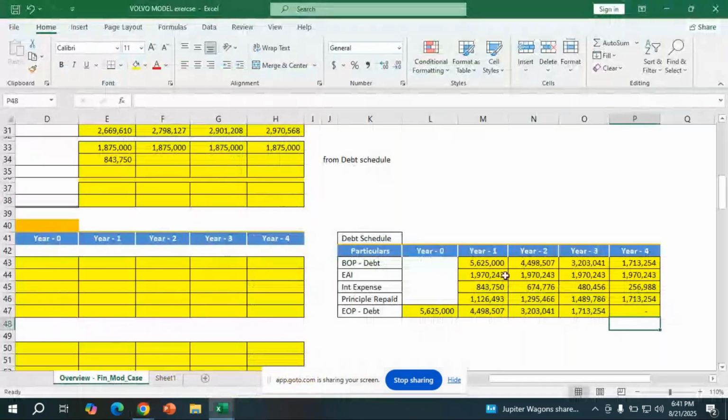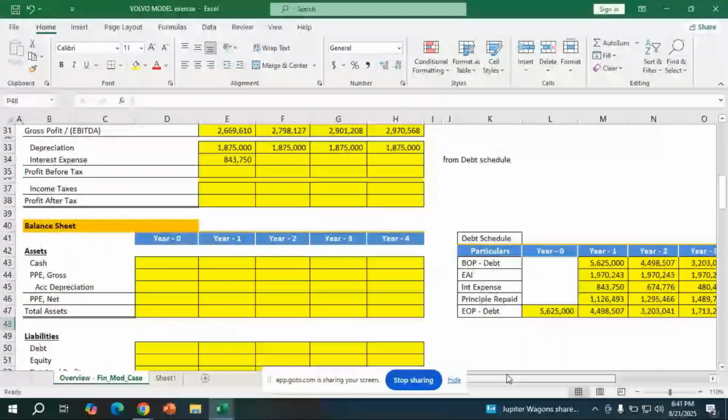So now we have completed this debt schedule. Now here we have to put all the interest expenses from this table to this table.